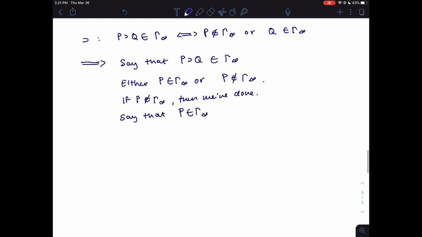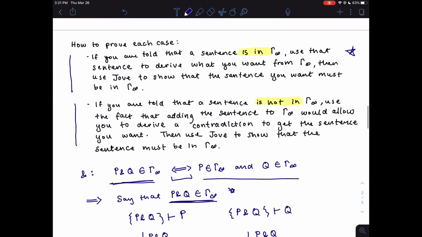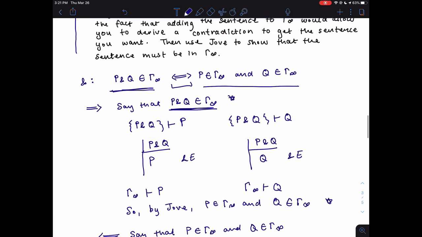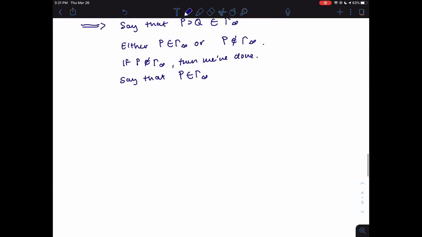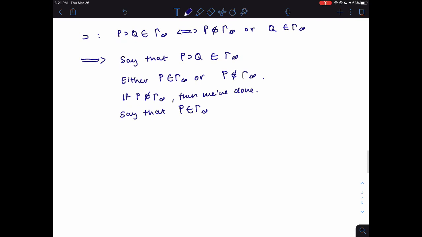All right, well, how do we do that? We're in a scenario, just like we were before, where we're told that a sentence is a member of gamma infinity. So that means, to scroll all the way up here, we're in this scenario again. So we're going to use the sentences we're told are in gamma infinity in order to construct a derivation that gets us what we want. So here's how we do that. We want to get Q, right?